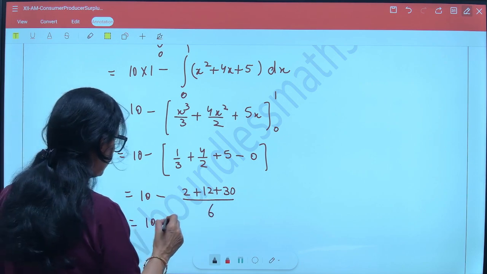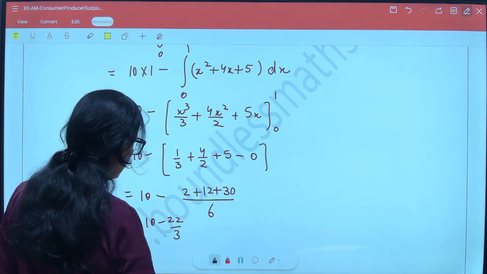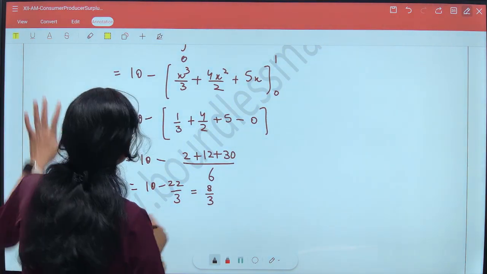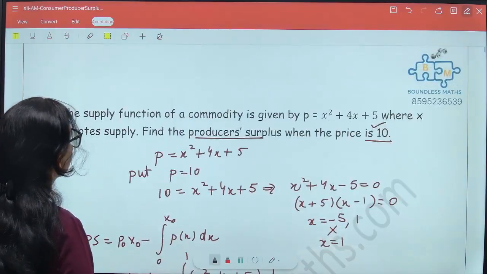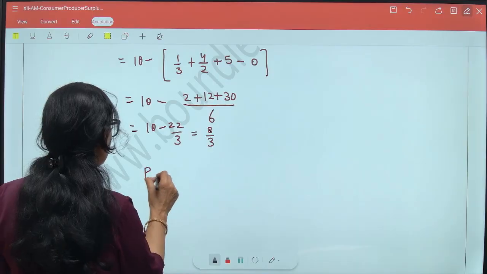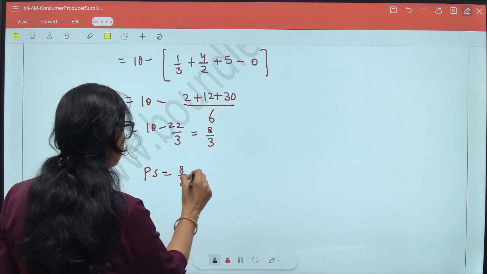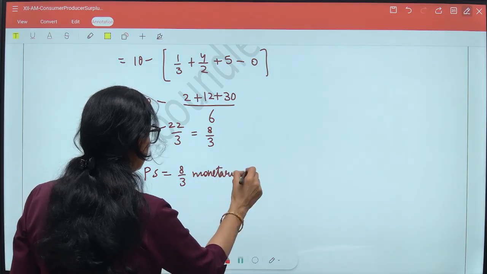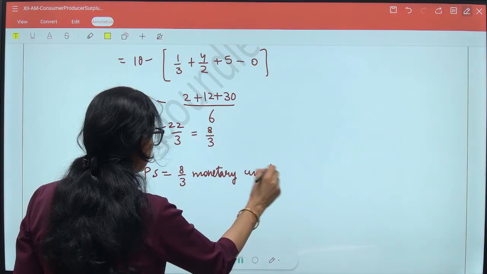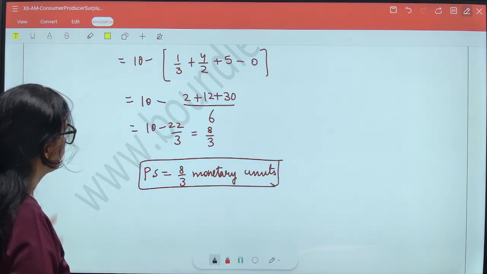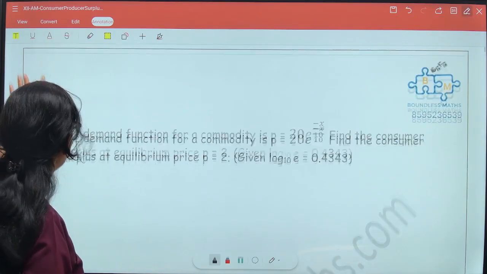So it is 10 minus 22 by 3, and this becomes 30 minus 22, that becomes 8 by 3. So the producer surplus is 8 by 3 monetary units. So this is your answer, right?